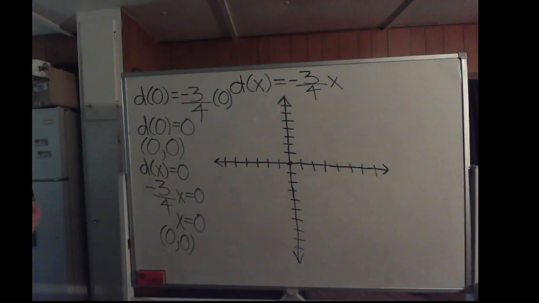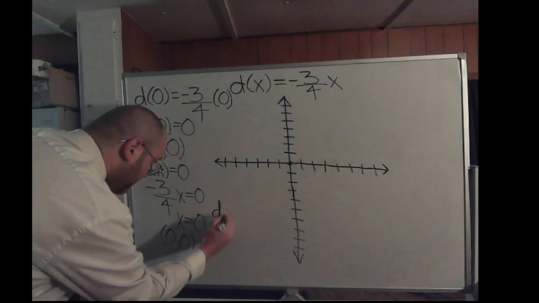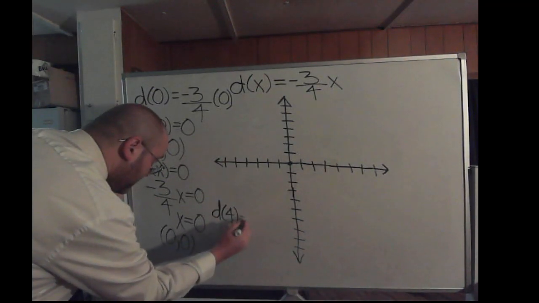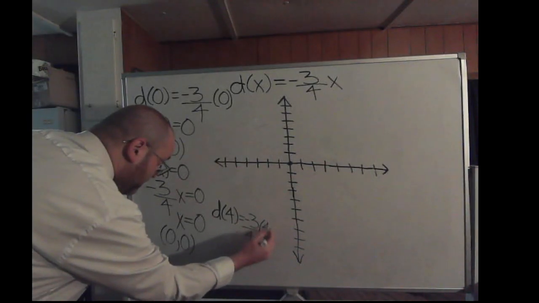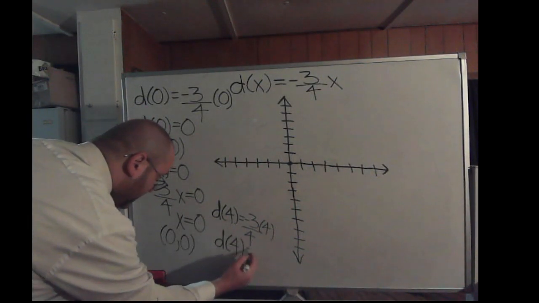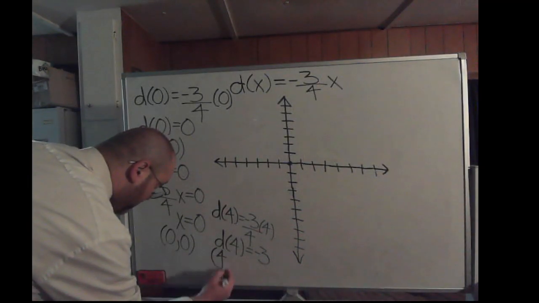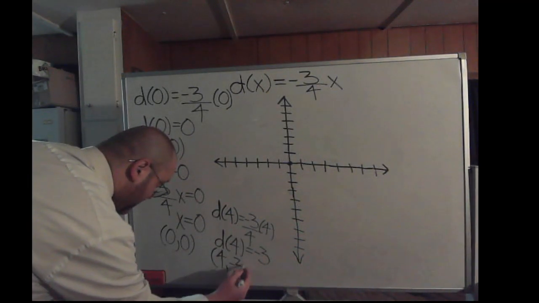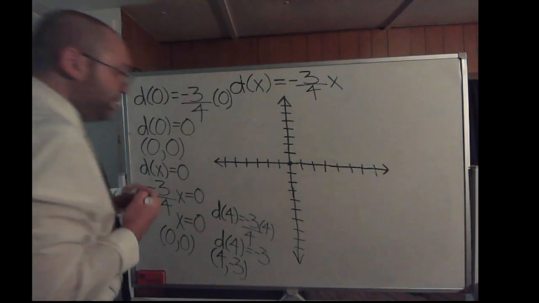I'm personally going to suggest that we pick x equals 4. Let's do d of 4. That's equal to negative 3/4 times 4, which means d of 4 equals negative 3. So when x is 4, you get the y-coordinate negative 3. So the coordinate 4, negative 3 is also another coordinate.